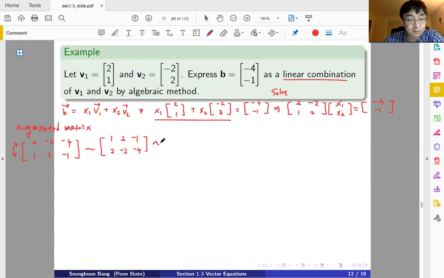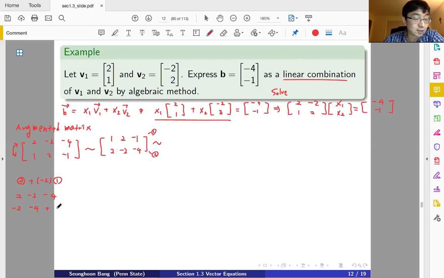The next step: you can eliminate this 2. How can you do that? This is the first row and this is the second row. We use the second row plus negative 2 times the first row. The second row is 2, -2, -4. The first row times -2 gives -2, -4, and positive 2.